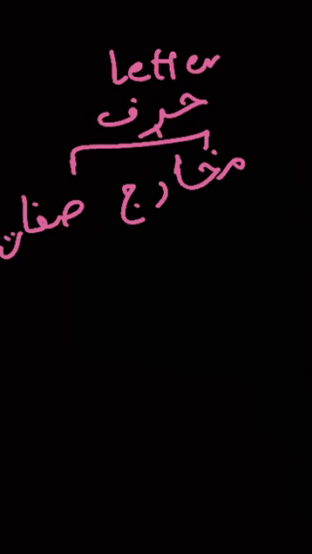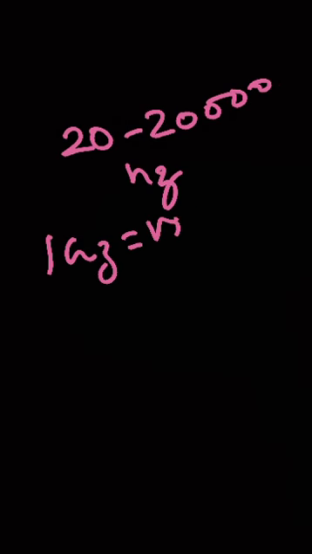And how much do human ears hear? In the range of 20 hertz to 20,000 hertz, from the smallest to a very high sound. How much is 1 hertz? Now this is all physics, you don't need to know, but let me tell you, it's 20 hertz to 20,000 hertz. 1 hertz is one vibration per second.